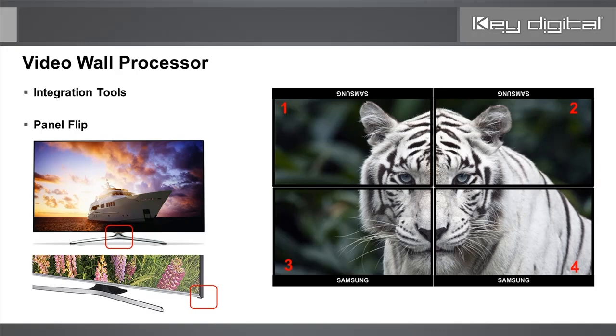So with the panel flip feature enabled on any of the 4 outputs, in this example, outputs 1 and 2, we have enabled panel flip, and now we are able to conjoin the narrow sides of the frames of the television and create a video wall, 2x2 video wall, at typically less than half the cost of creating a video wall using a professional display.